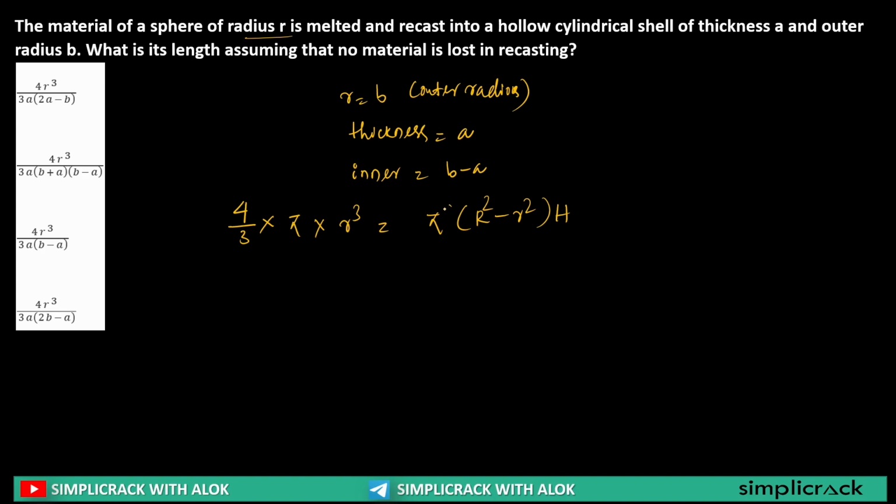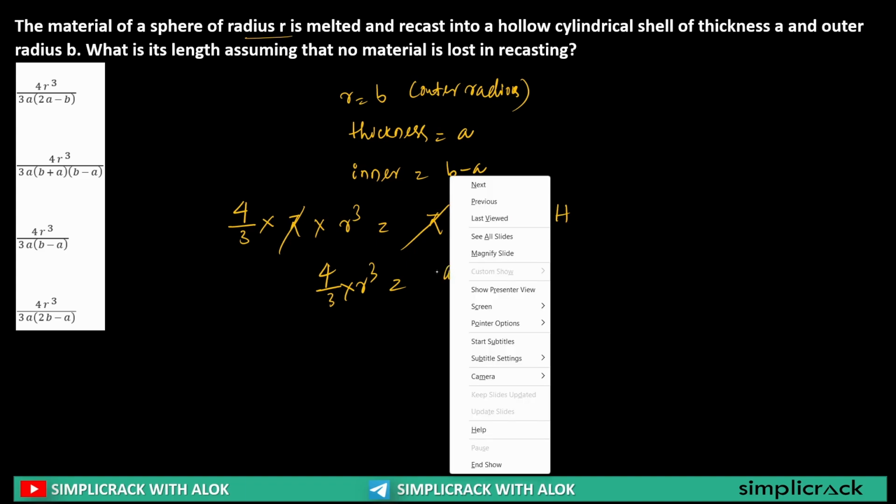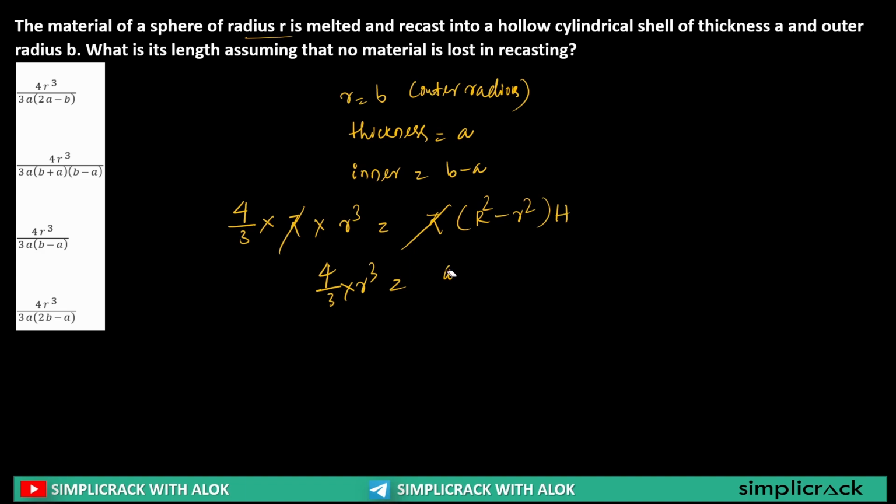This can be written as (outer radius plus inner radius) into (outer radius minus inner radius) into h. Outer radius plus inner radius is 2b minus a, and outer radius minus inner radius is a.